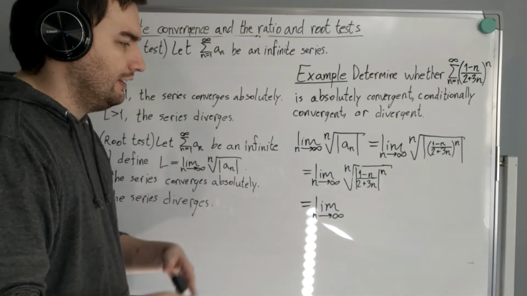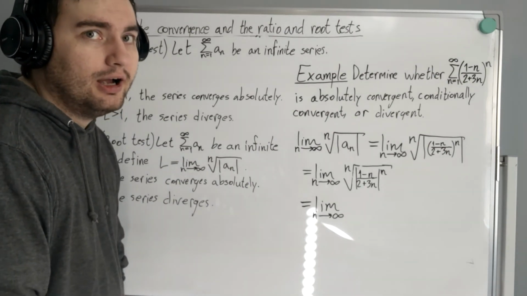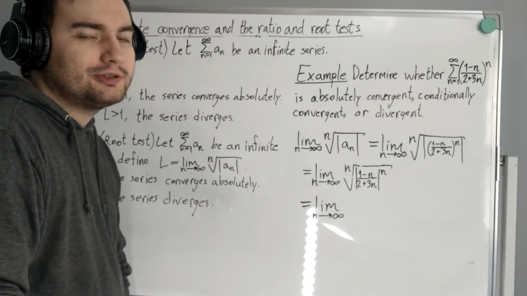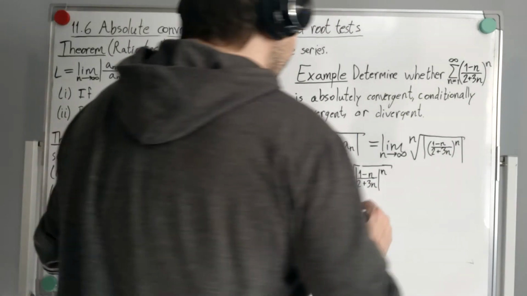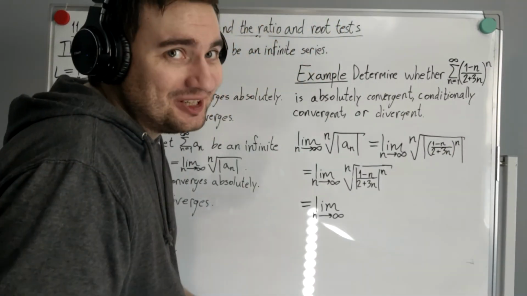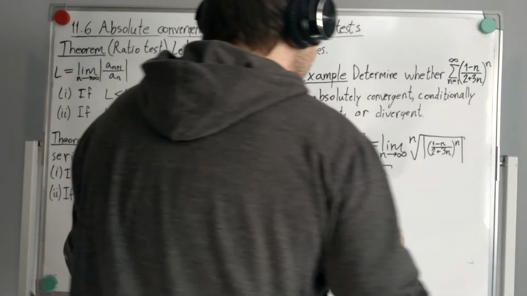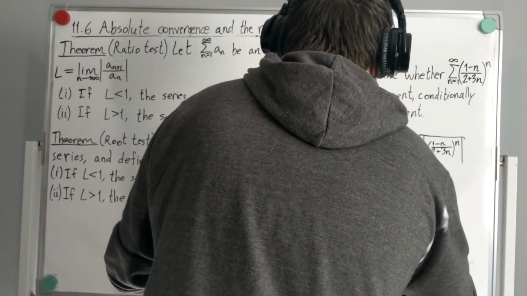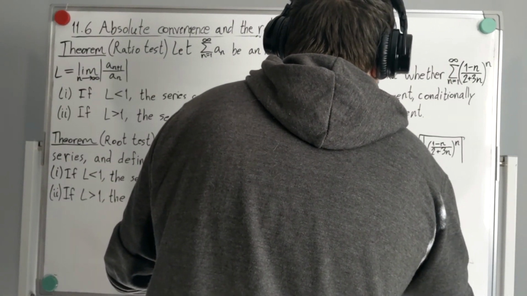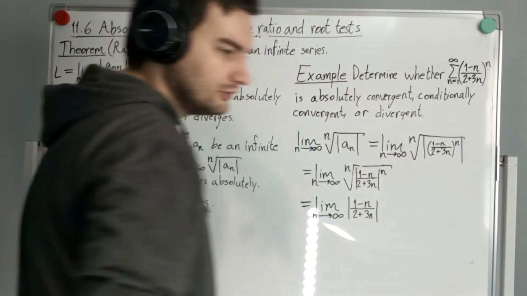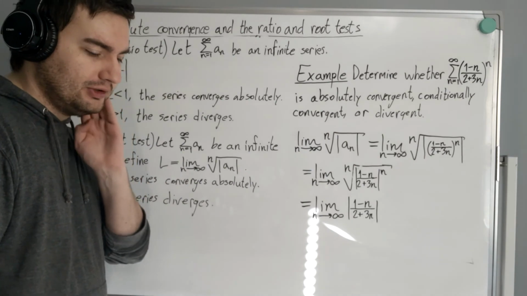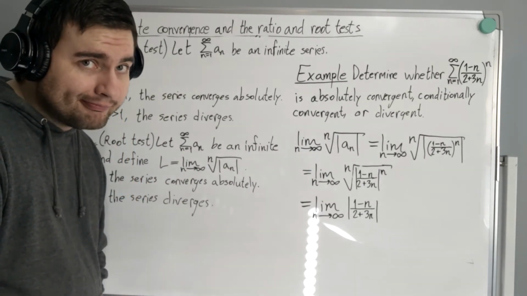Okay. And then, like I said, the nth root of something raised to the nth is just that thing. So then this just becomes the absolute value of 1 minus n divided by 2 plus 3n. It turns out that the absolute value function is continuous.